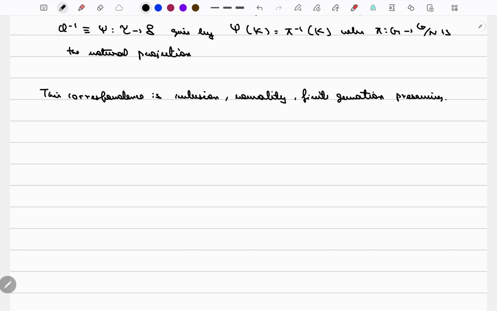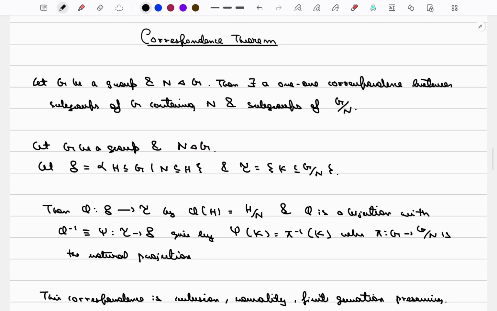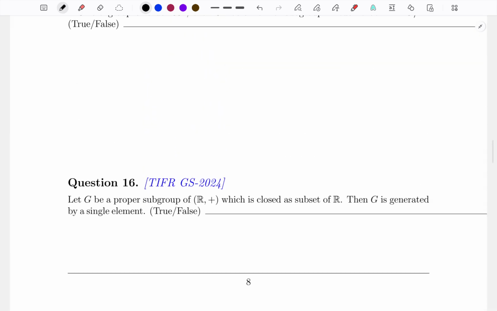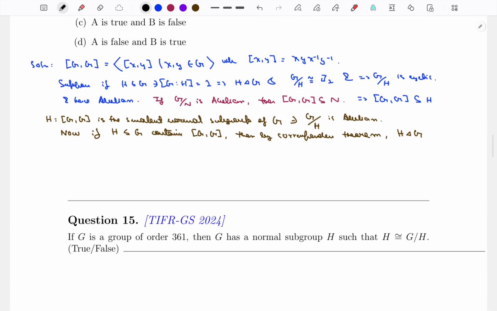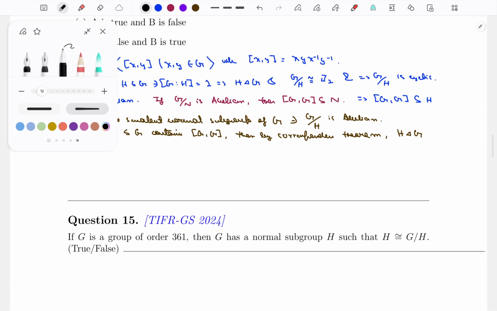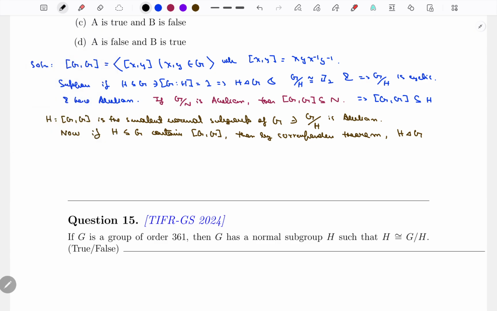Clear? So once you have this particular theorem in hand, you already get hold of a proof of this particular statement. So now I can firmly say that this follows from the correspondence theorem.